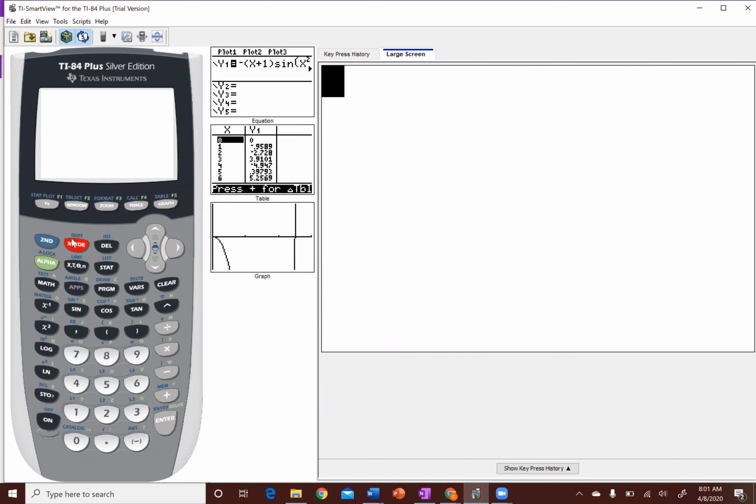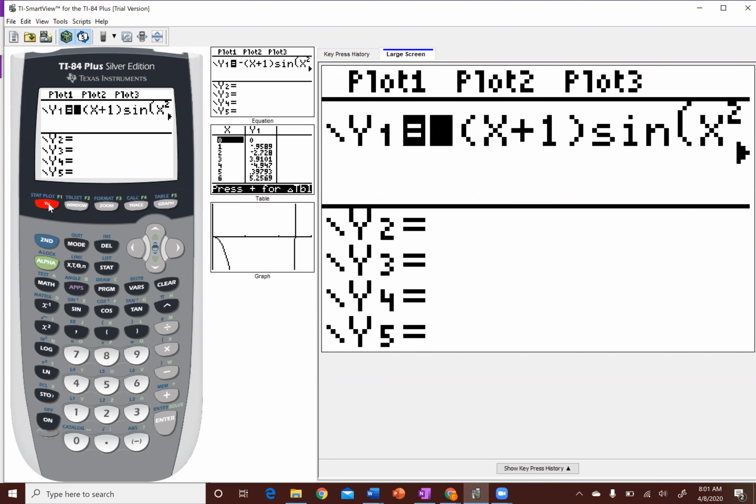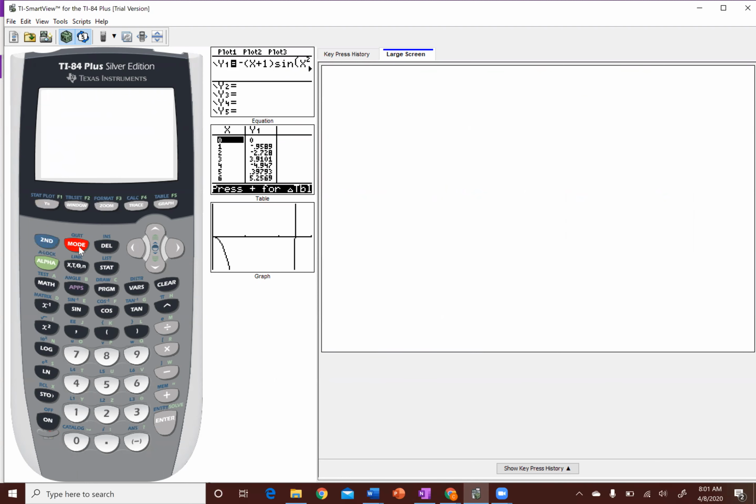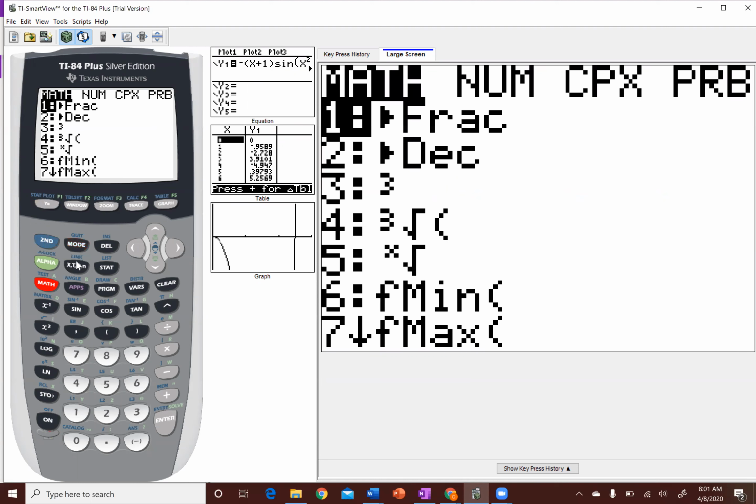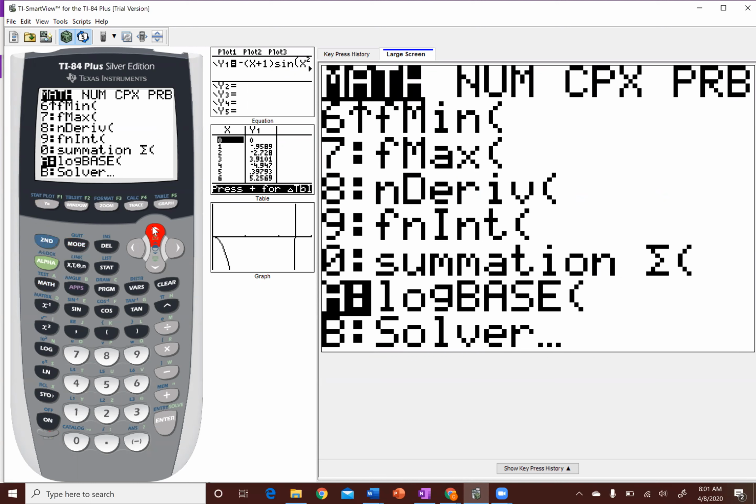So let's go ahead and evaluate this. Now, remember, I entered the velocity function into y1. So now all I need to do is call upon that function. First, what I'll do is press the math button and scroll up to fnInt.